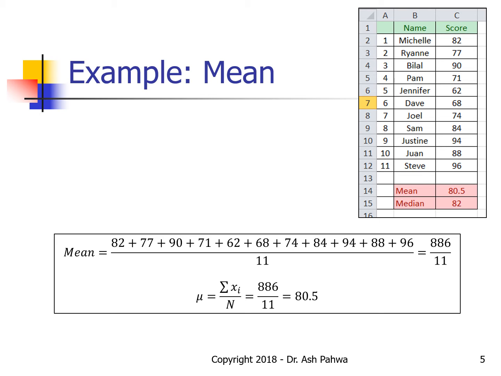If we add all these numbers up, the total comes out to be 886. And since there are 11 observations, we divide 886 by 11, which is equivalent to 80.5. We can also compute the mean on a spreadsheet, or we can use a simple calculator.